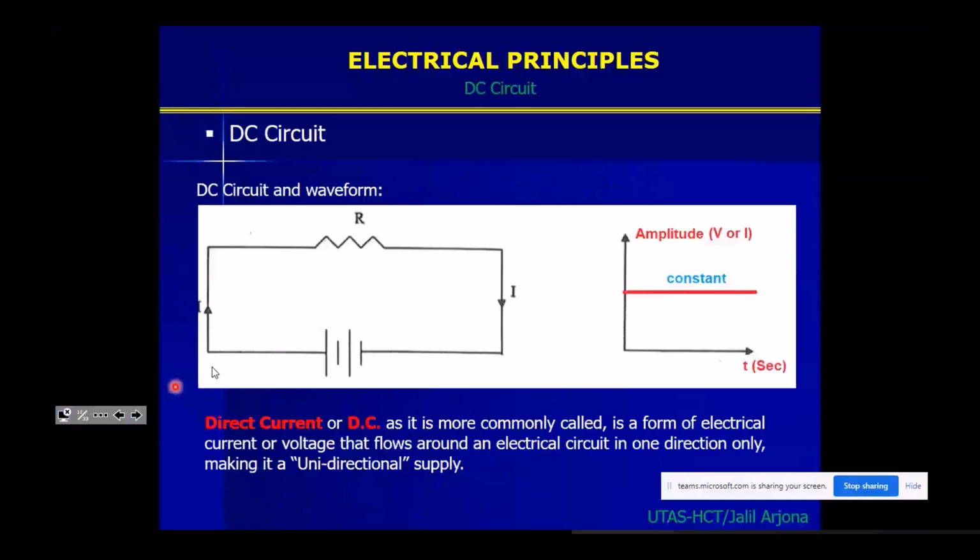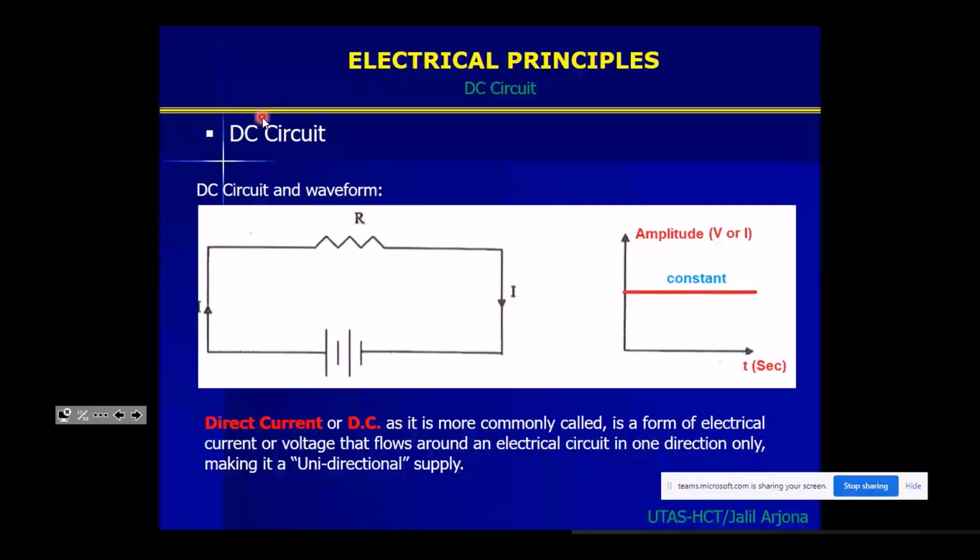So what is a DC circuit, by the way? Anybody can tell me your own understanding about DC. So what is DC? Yes, it's direct current, but what do you think is your basic understanding for the DC?